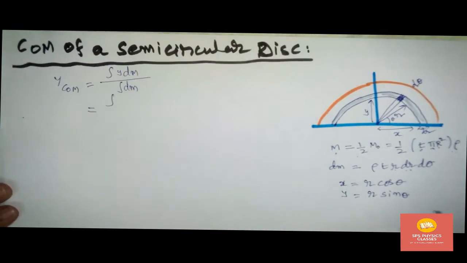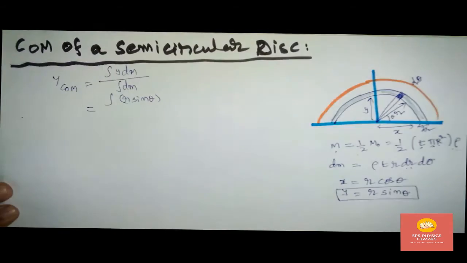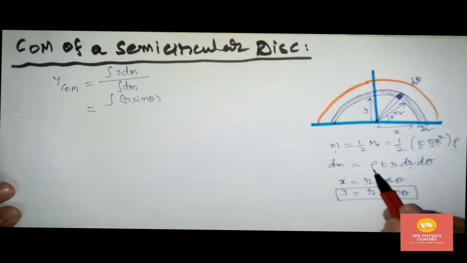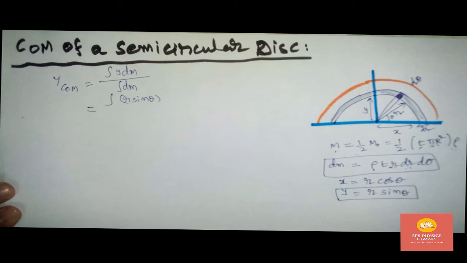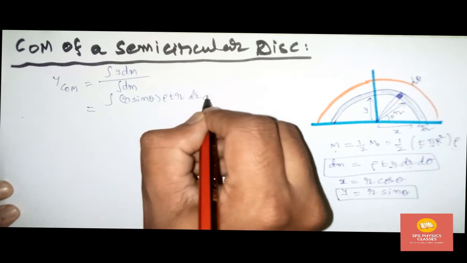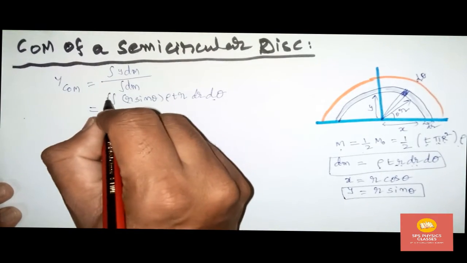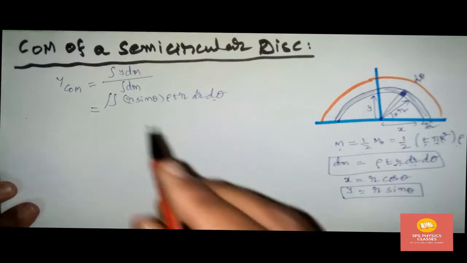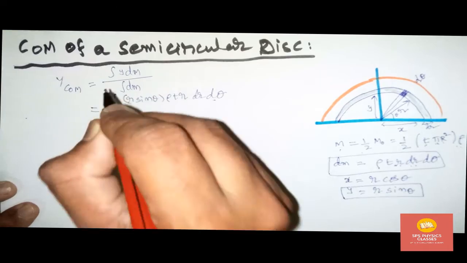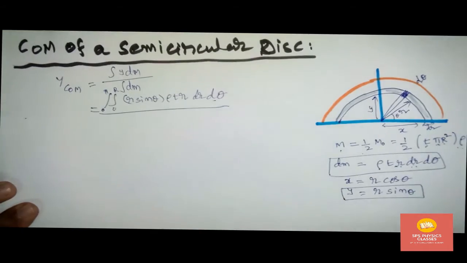The value of y is r sin theta, and the mass dm is rho t r dr into d theta. Again, since an angle is there, we have to take a double integration, with the angle running from 0 to pi and the distance running from 0 to r, divided by the integral of dm.